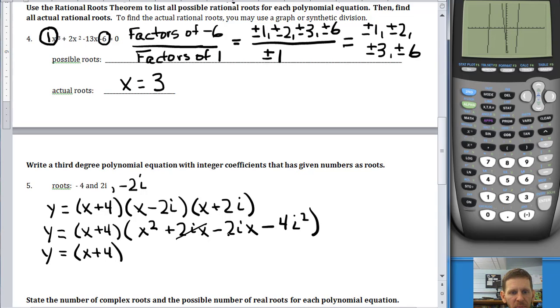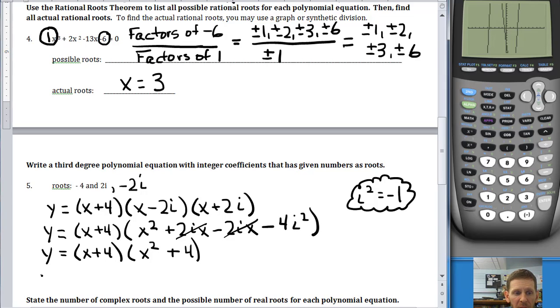They will cancel. In addition, we have an i squared here, and you might remember that i squared is equal to negative 1. So if we multiply our negative 4 by negative 1, we're going to get positive 4 here. So negative 4 times i squared, or negative 1, is positive 4. So this turns into x squared, and then this is just plus 4. It's looking a lot better.